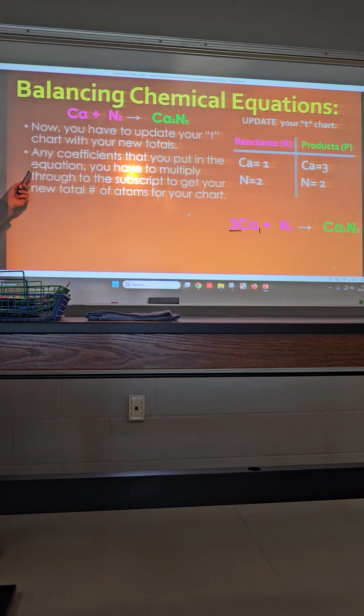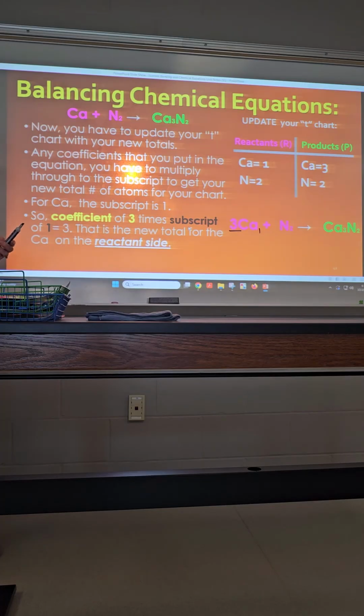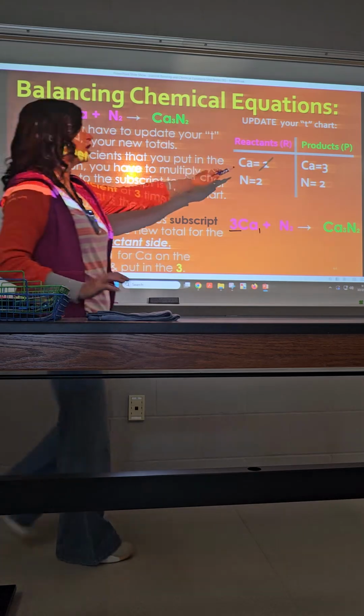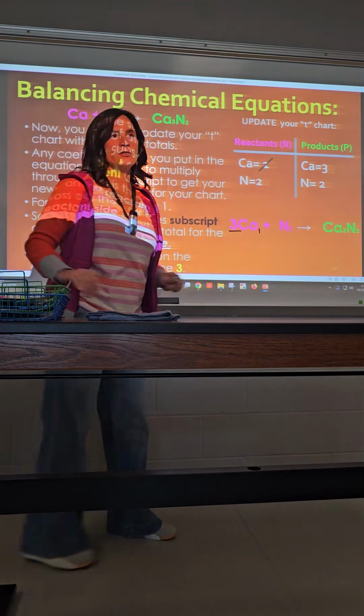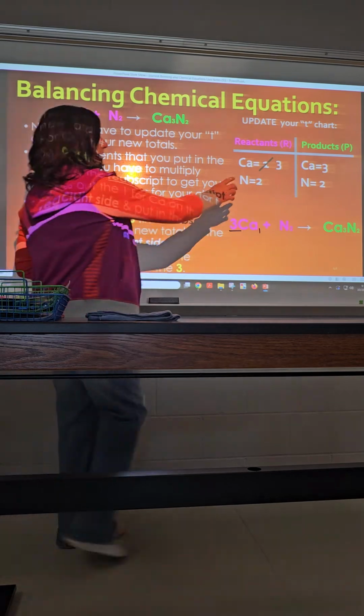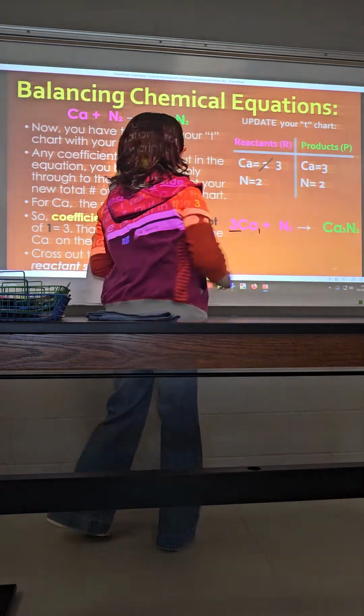So any coefficients that you put in, you have to multiply through to the subscript, and that becomes our new total. So since the subscript is 1, the coefficient is 3 times subscript 1, and we get a new updated calcium total of 3. And so in the chart, cross out the 1 and put in the 3, which is why you needed to give yourself a little bit of space here.